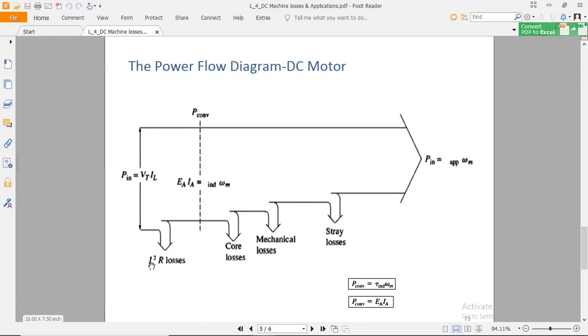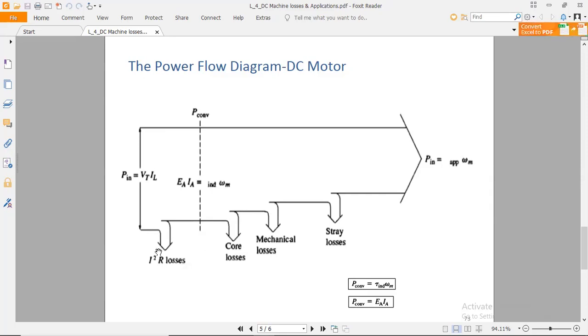After that, the iron losses and I square R losses are produced, and then this is the converted power, which means the armature voltage times armature current, equal to the induced EMF times armature current, times the armature angular speed.